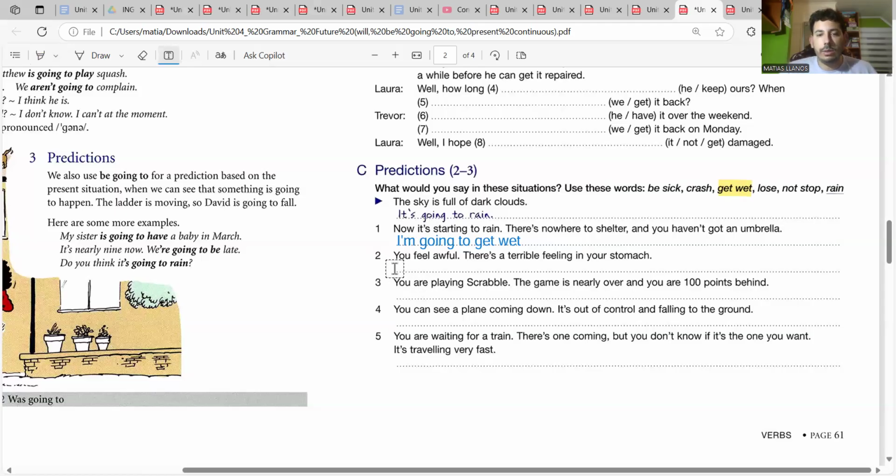I will do the second one because why not? You feel awful, there's a terrible feeling in your stomach. So if you feel bad and you have a bad feeling in your stomach, you're getting sick. So you'll be sick, basically.